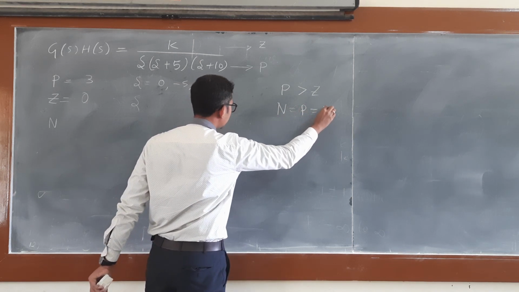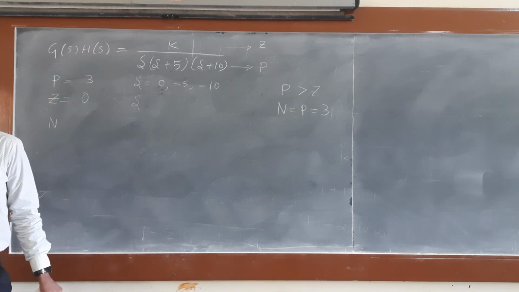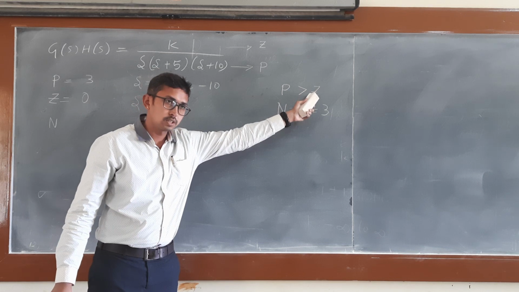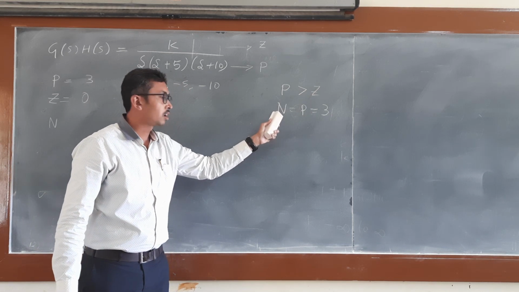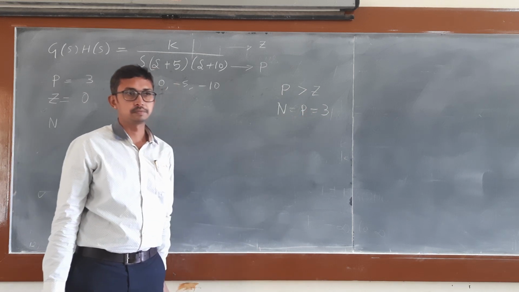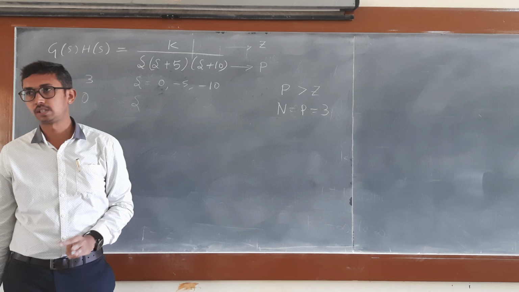That is equal to how much? 3. Is it clear? So number of poles is greater than number of zeros. Therefore, number of branches is equal to P, that is equal to 3. So how many branches are there? There are 3 branches.